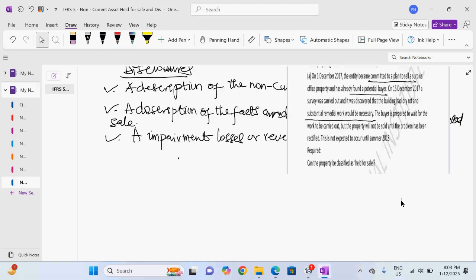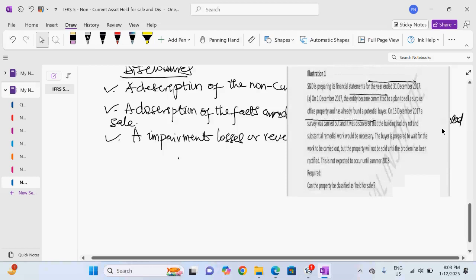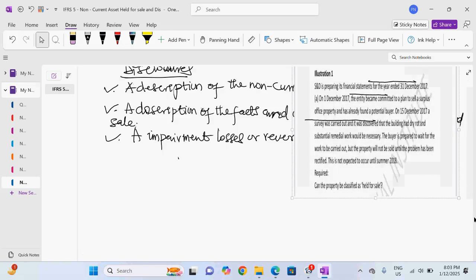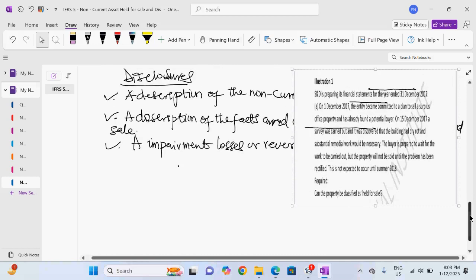Why no? I think that they are committed to sell the asset, but then it is not readily available for sale. So can we classify it as an asset held for sale? No.